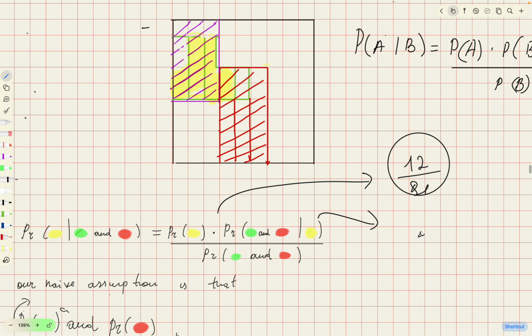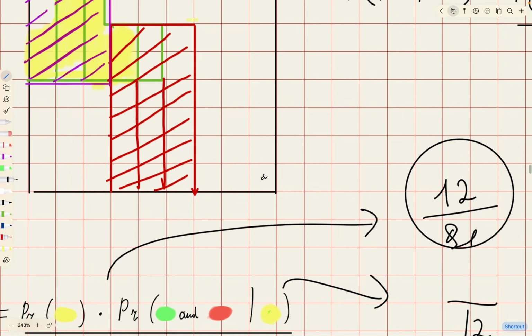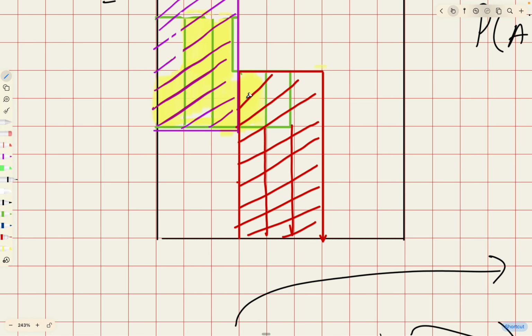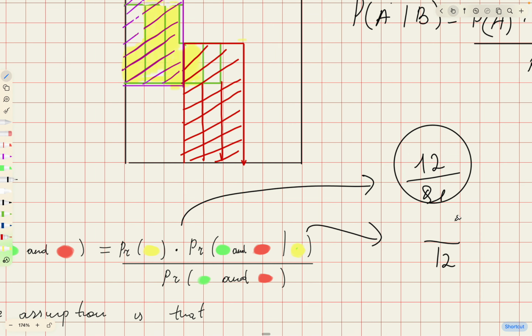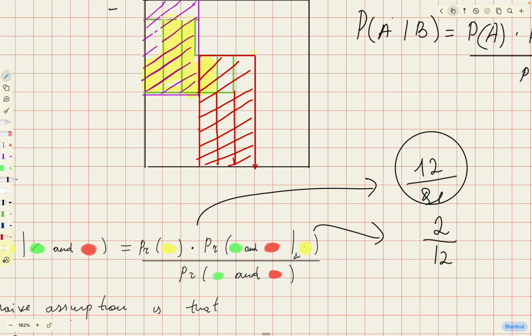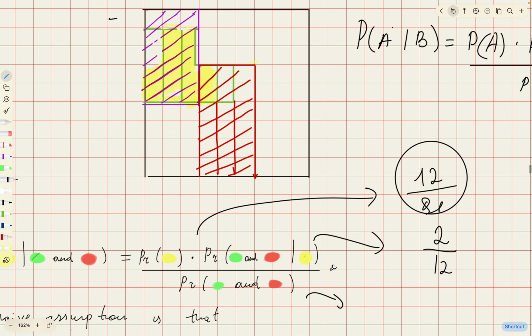How many squares are yellow, green, and red at the same time? As you can see, this part here is yellow, green, and red at the same time, so only two, this one and this one. And then look at this probability: what is the probability of observing green and red?